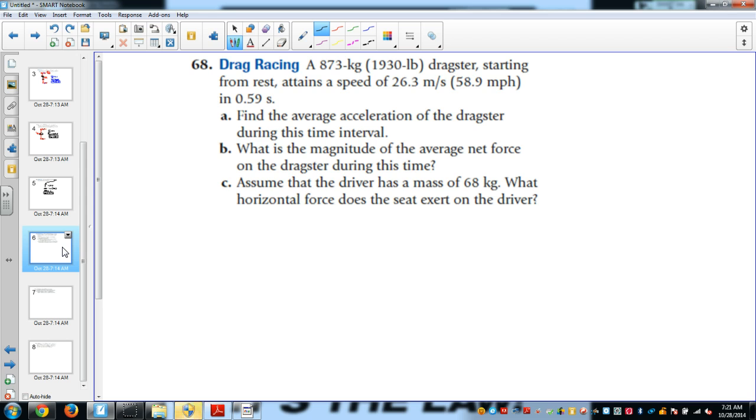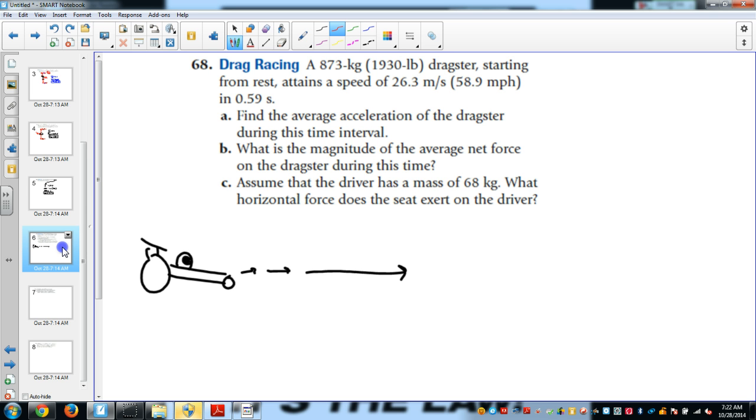The next question, 68. There you have a dragster starting from rest. This thing is 873 kilograms.